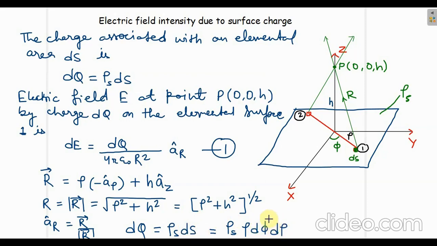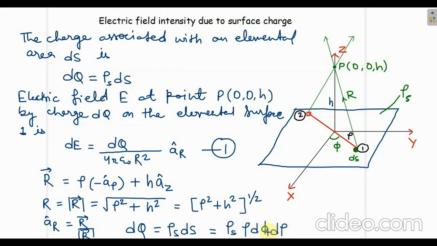When I was discussing in the earlier classes the elemental volume, elemental surface, the differential volume and differential surfaces, we have seen it, so I have used it here. So ds can be replaced by rho d phi d rho.